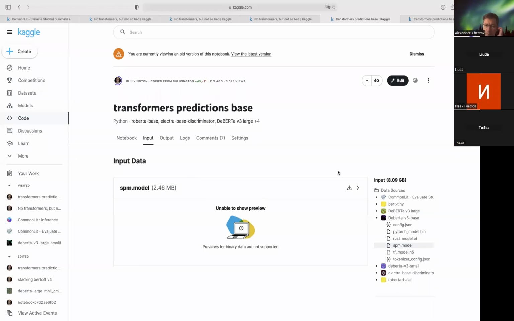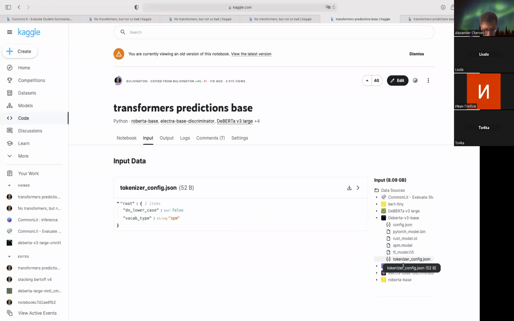So for a Hugging Face model, in one folder there should be a weights file with weights for the neural network, a config file, and all files needed for the tokenizer. Oh, yes, here the vocab type is SPM.